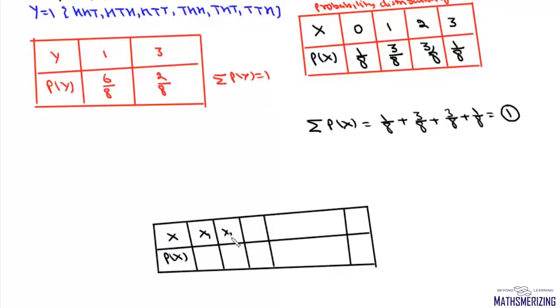Say x1, x2, x3 up to xn, and their probabilities are p(x1), p(x2), p(x3) up to p(xn). Now, once we have defined a probability distribution, we can find the mean and variance of a random variable.